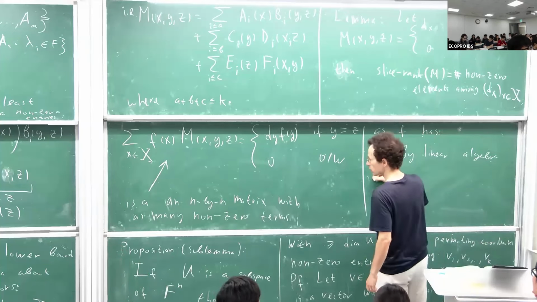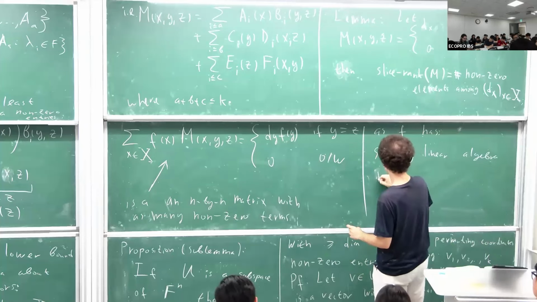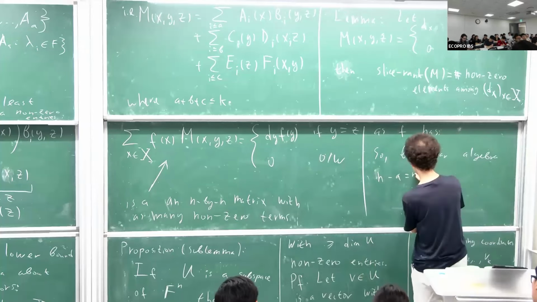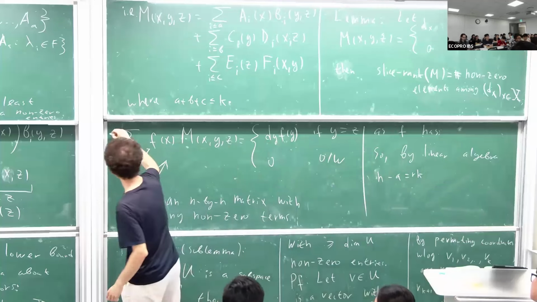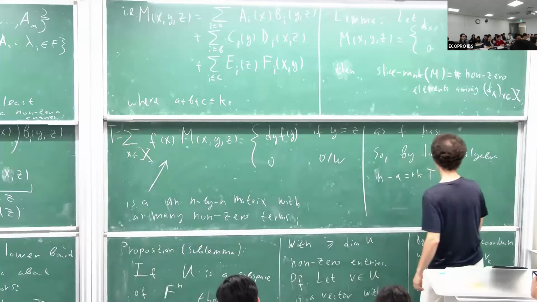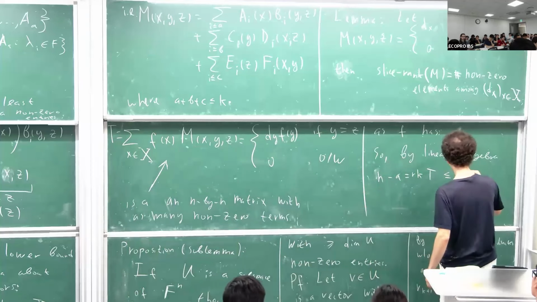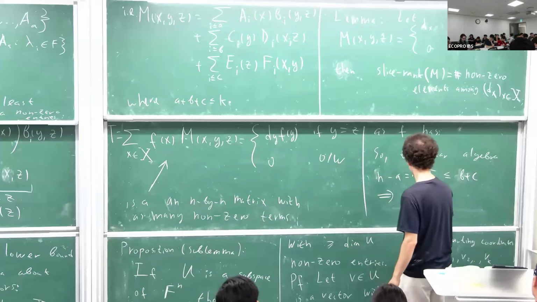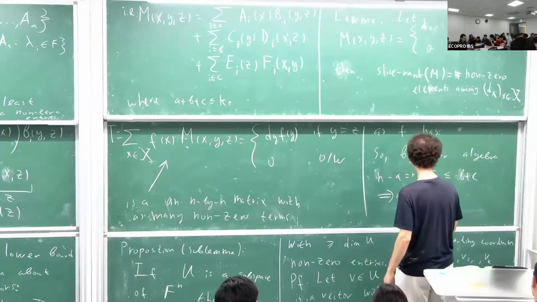We are going to obtain that the number of non-zero terms in A, which is the rank of this thing, is going to be at most the number of b plus c terms, which is of course to say that a plus b plus c is at least n.